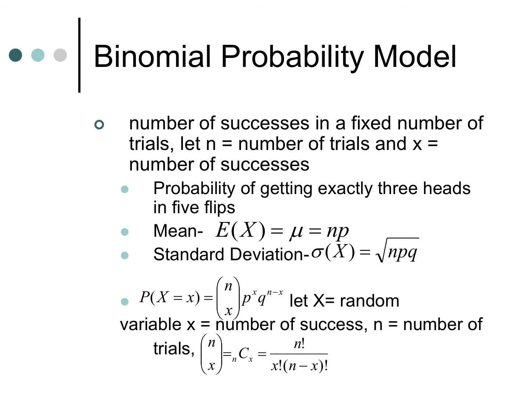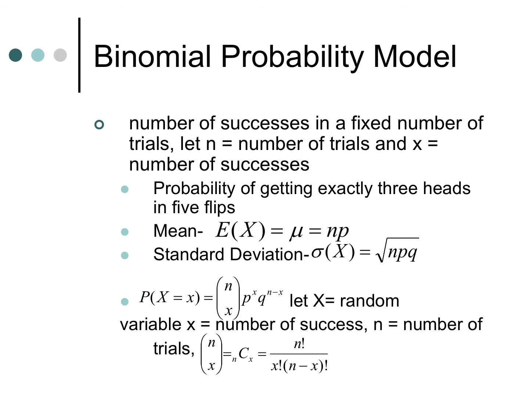The mean for the binomial model is the number of trials times the probability. That should make a little bit of sense. If I'm tossing a coin 10 times, how many heads do I expect? 50%, which is how many out of 10? 5, right? We got that by saying, well, 50% of 10 is 5.